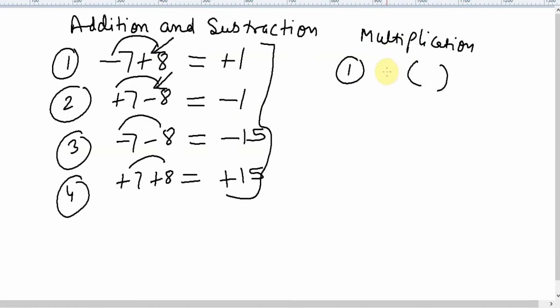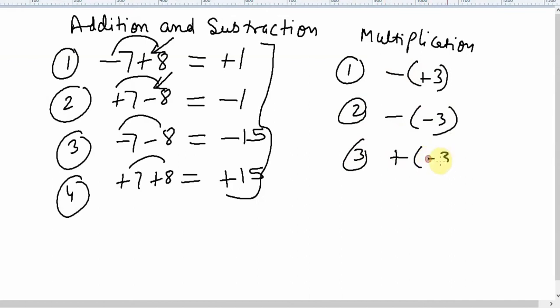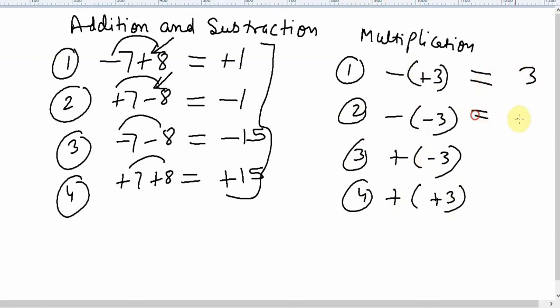There are four possibilities: minus, plus 3; minus, minus 3; plus, minus 3; plus, plus 3. We generally don't write the positive sign. In these four possibilities, the value will remain the same. The answer is always 3, no doubt about that.